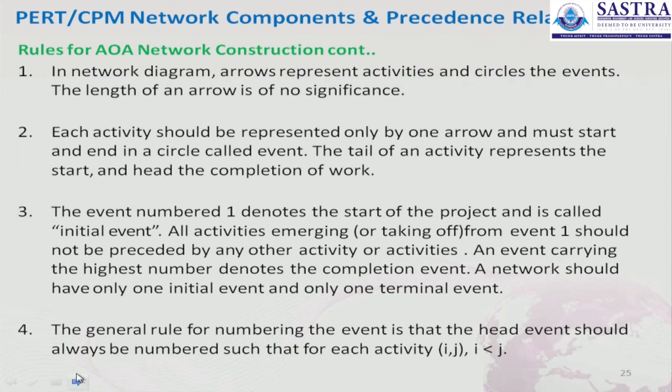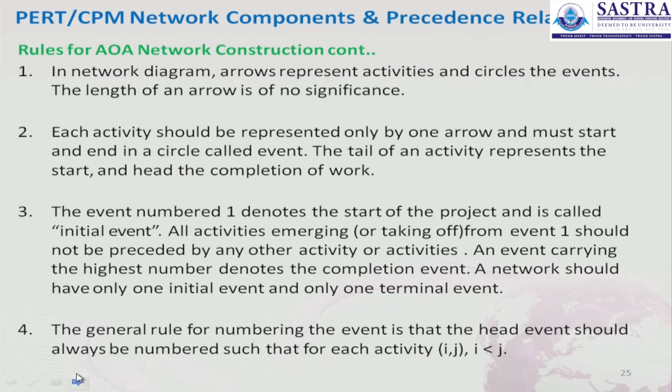The length of an arrow is of no significance. The second point is that each activity should be represented by only one arrow and must start and end in a circle called an event. The tail of an activity represents the start and the head the completion of a work.